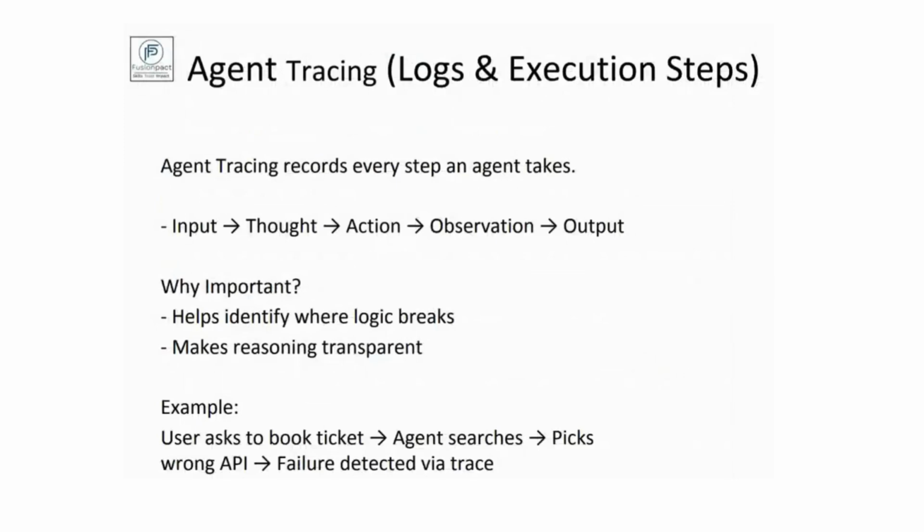For now, let's look at how AI agents trace logs and execute steps. AI agents record every step that they make. While making a development in the code or any kind of project, it traces every line.